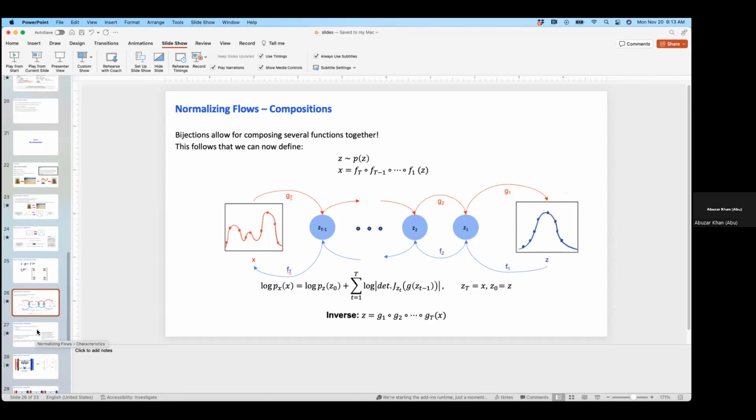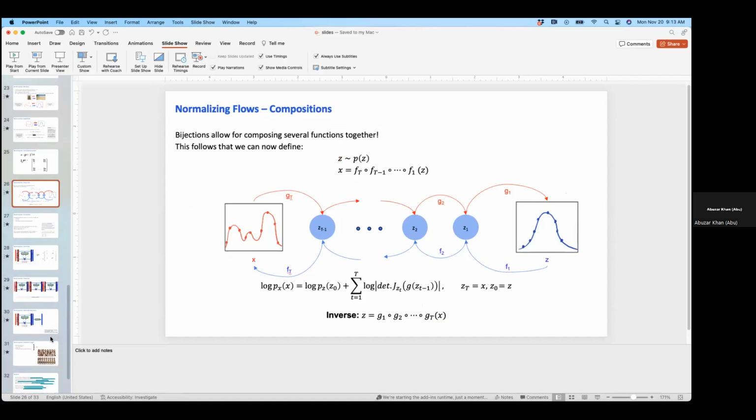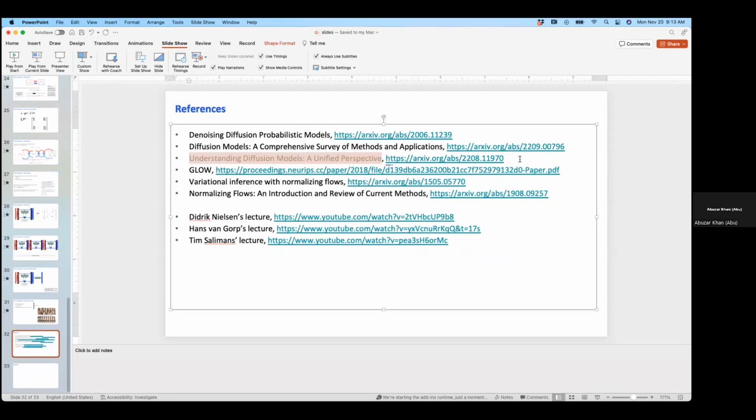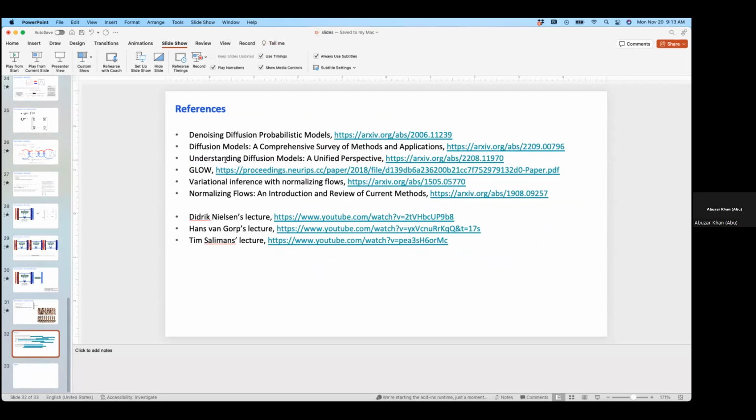At the end of at least the slide deck, which I provided to the TAs, there are a bunch of references. I had to go through all of these to make this lecture, removing some details, but these are all amazing papers. Particularly, I would suggest that you go through this paper here. It seems like a 50-page explanation, but it's really 10 to 12 pages of diffusion model explanation.